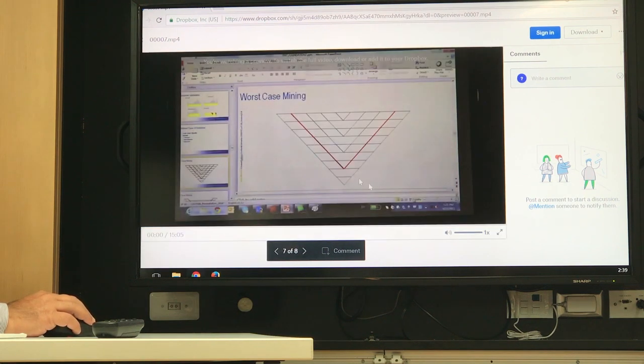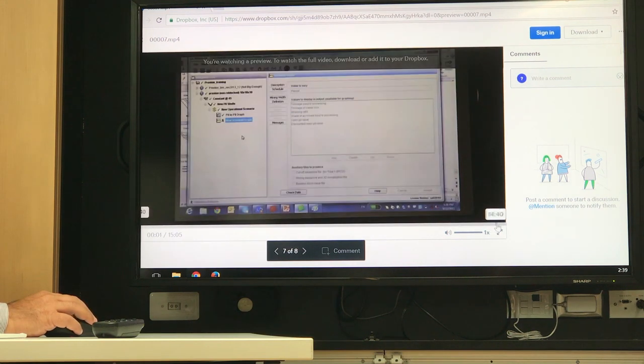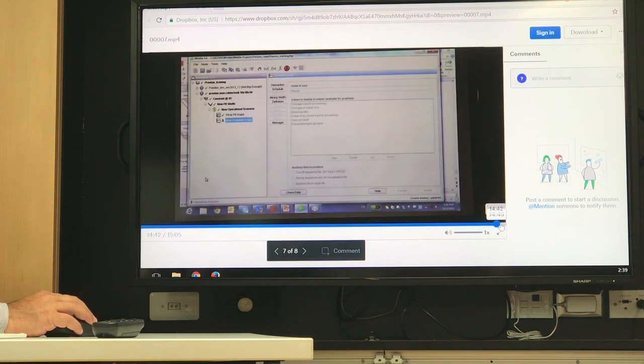As you could see, it's going to be something like a bar chart, which has the production in different years.